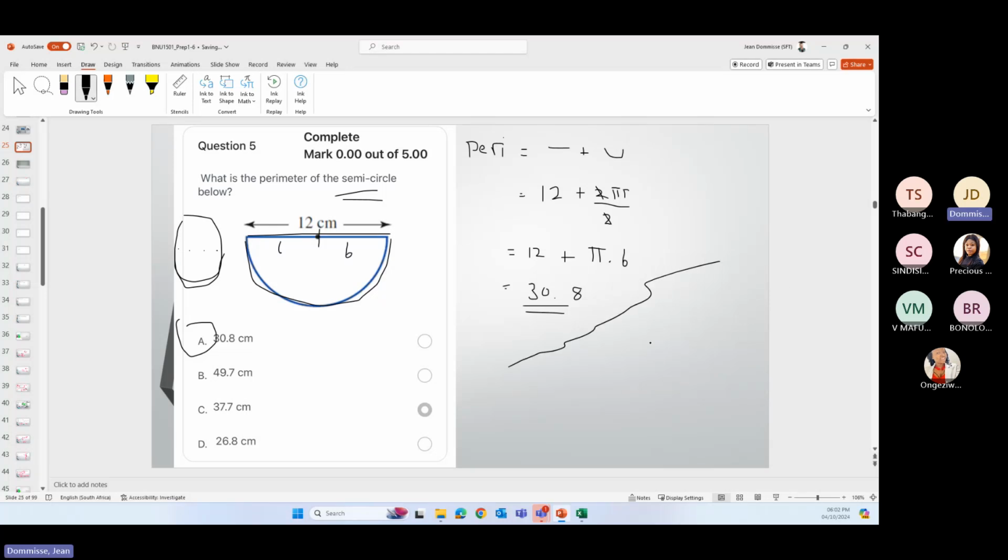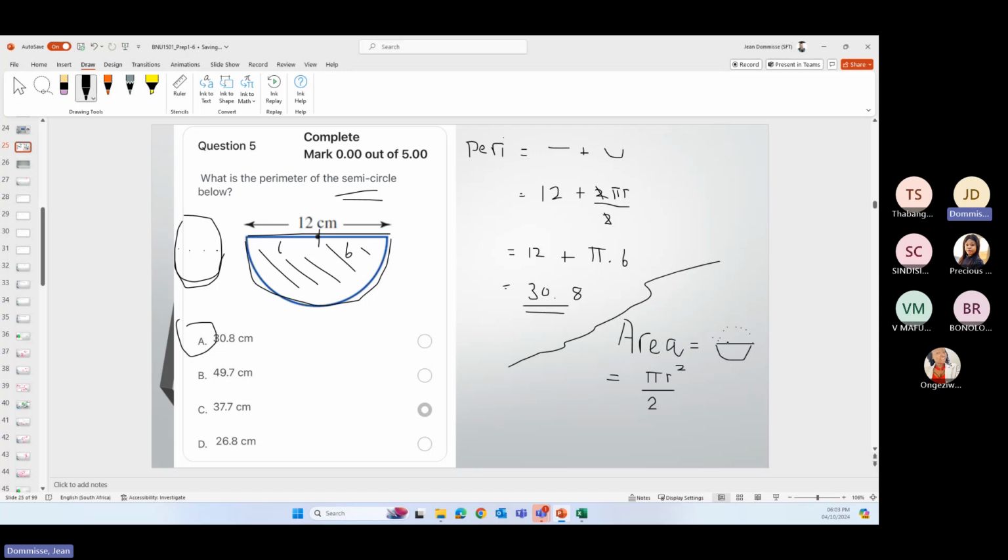Okay, but if we do area and we set area of the semicircle, it would have been that. So area of the semicircle is just pi radius to the power of 2 divided by 2, because again, the area of the whole thing would have been pi radius to the power of 2.